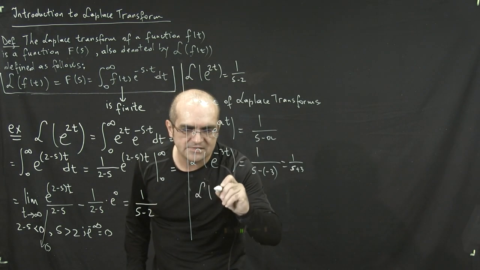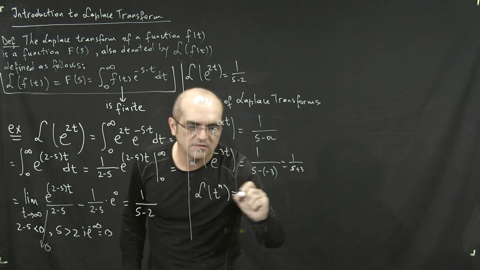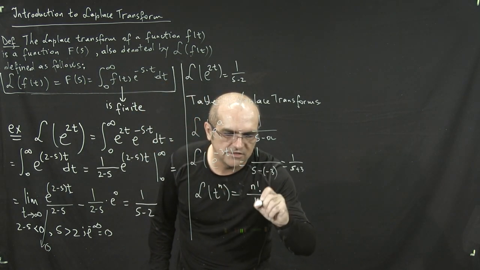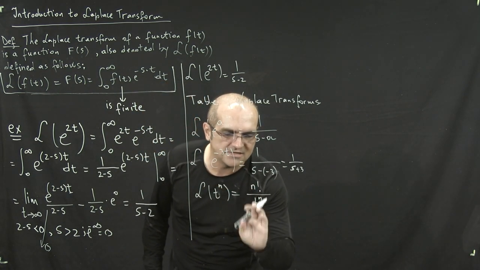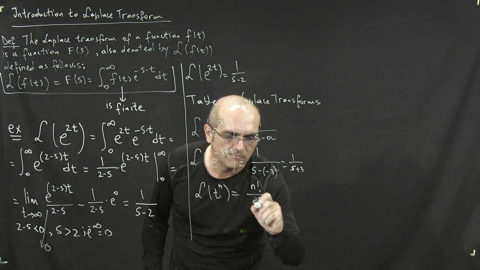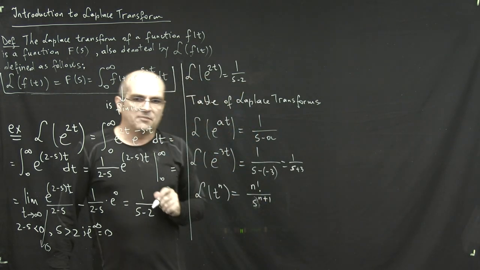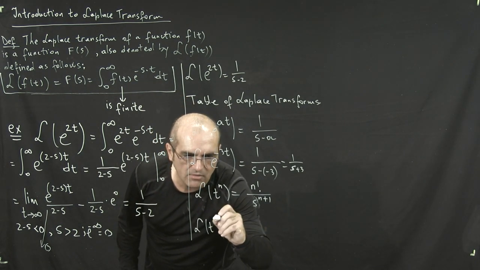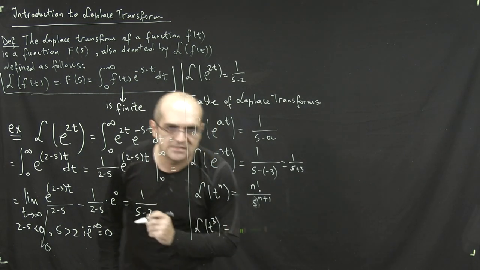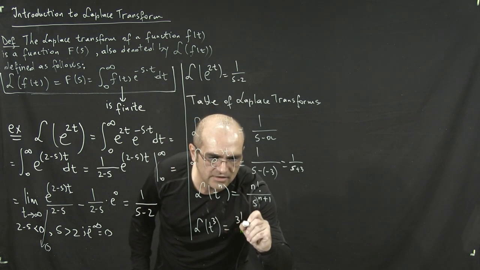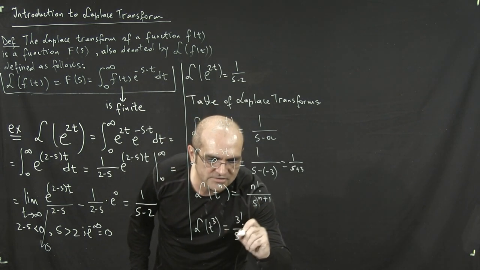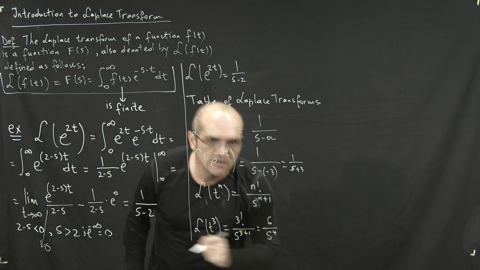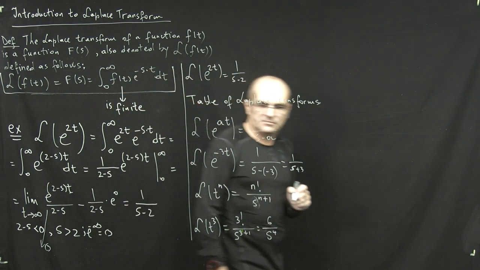Here's another example from the table. The formula states the Laplace of t to the n, the power of t, is n factorial over s to the n plus 1. So for example, to find the Laplace of t to the power 3, that's 3 factorial over s to the 3 plus 1. 3 factorial is 6 and 3 plus 1 is 4.